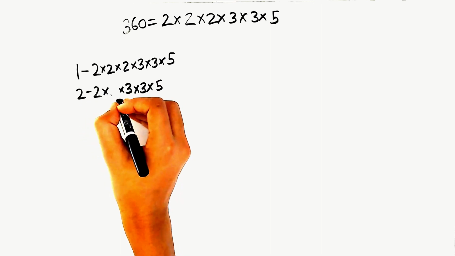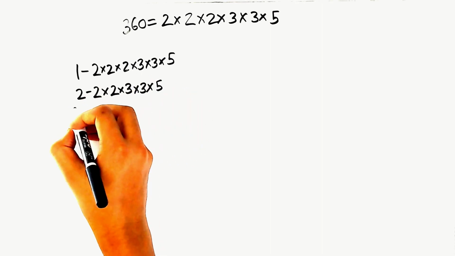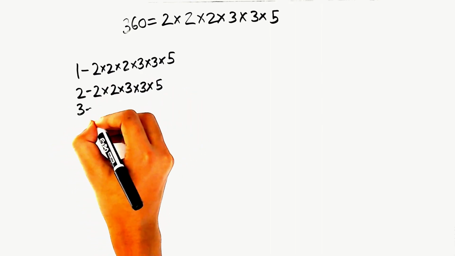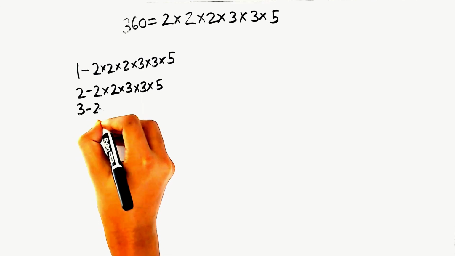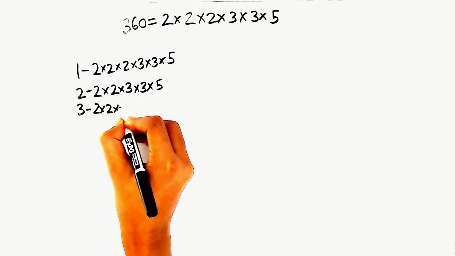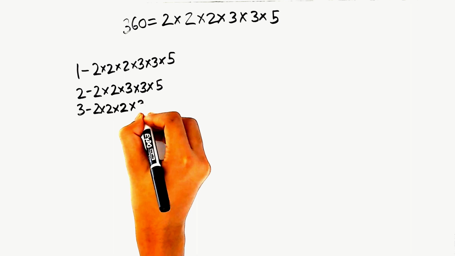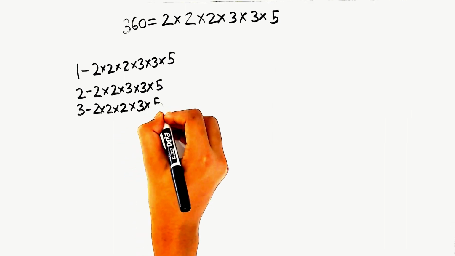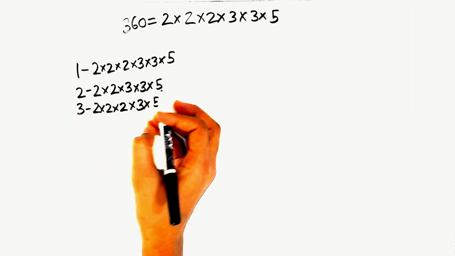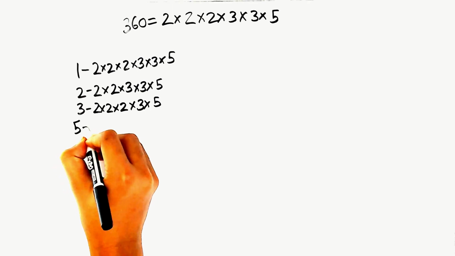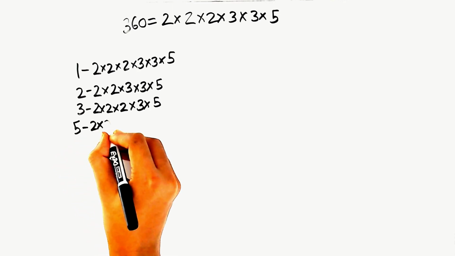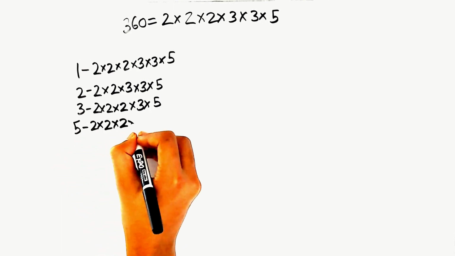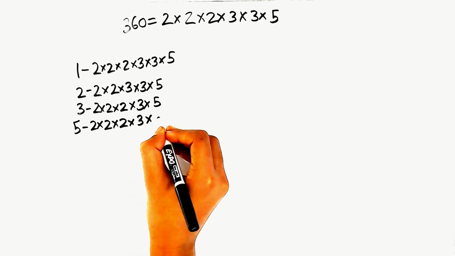Now, we already did 2, now 3. So for 3, we do 2 times 2 times 2 times 3 times 5. Now we do 5. So for 5, 2 times 2 times 2 times 3 times 3.